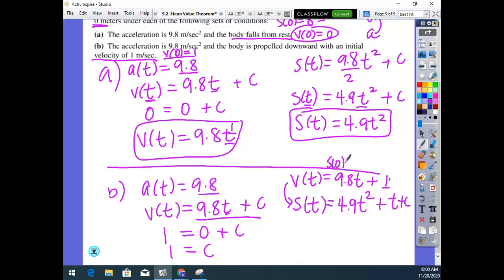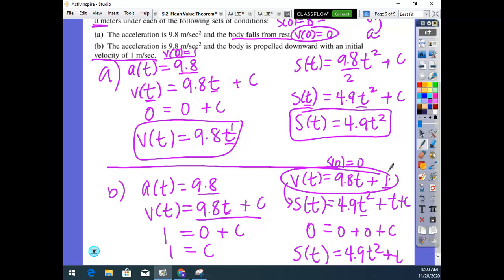My position is still 0. So 0 equals 0 plus 0 plus 0. That means our constant is still 0. So my position function is 4.9t squared plus t. Velocity function, position function. And that's it. Whew, lots of stuff.